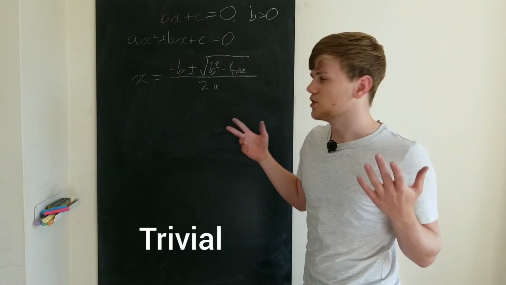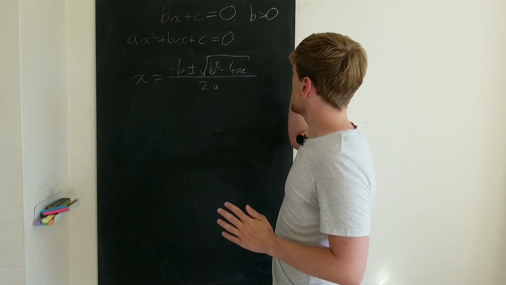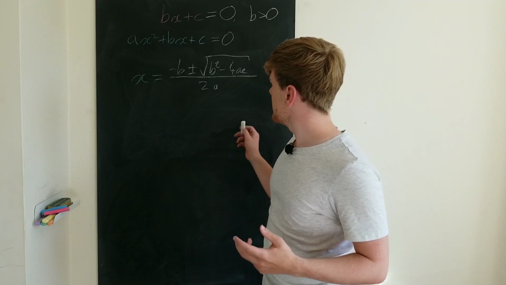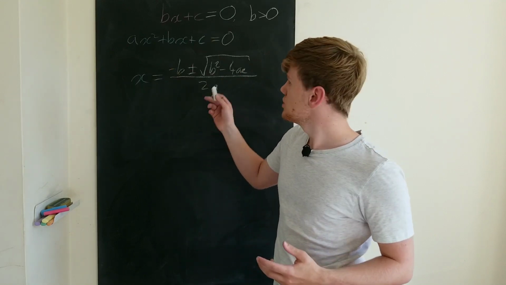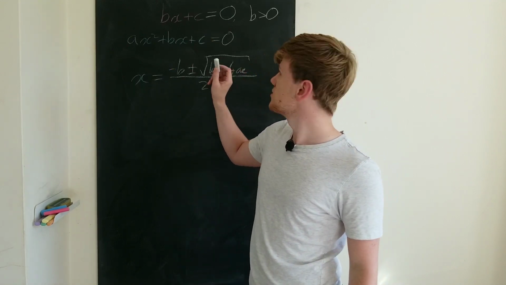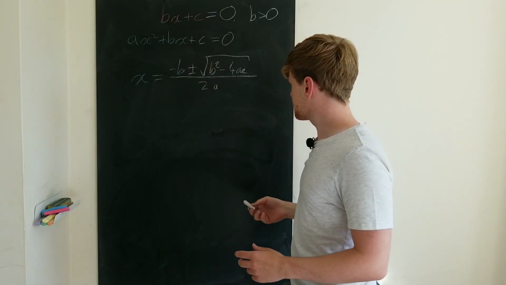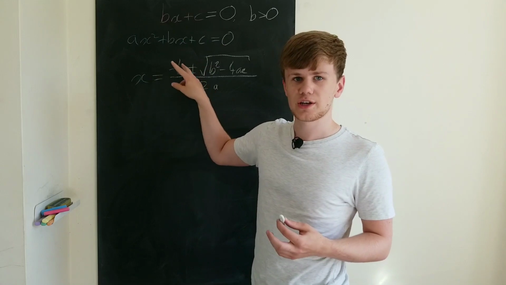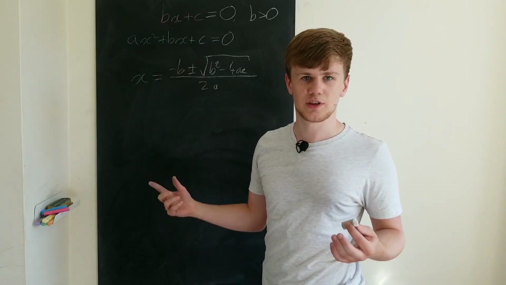That much is trivial and well known. So as a approaches 0, then this will approach the value that is the solution to this linear equation. Now we have to be very careful here, because only one of the roots of the quadratic graph will approach the solution of the linear graph.